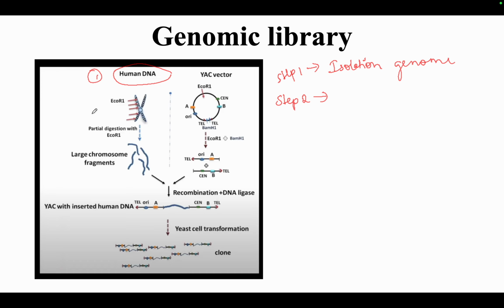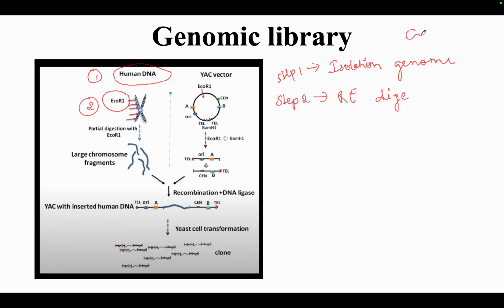The second step is, this is EcoR1, a restriction enzyme. We'll study in today's class what restriction enzymes are. Then the second step is RE digestion, that is restriction enzyme digestion. So we'll chop the whole genome.